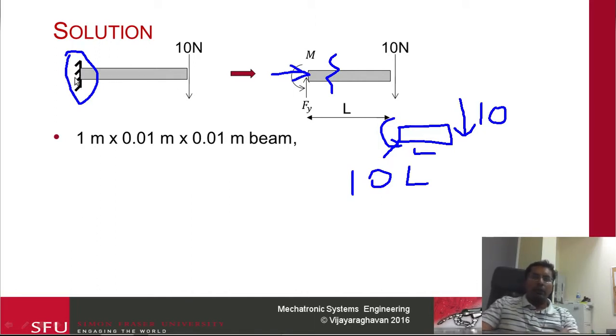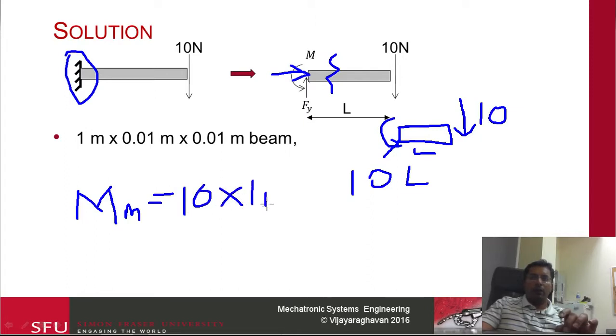So the maximum bending moment, M max, or just M, is basically going to be 10 times 1 meter, or 10 Newton meter.